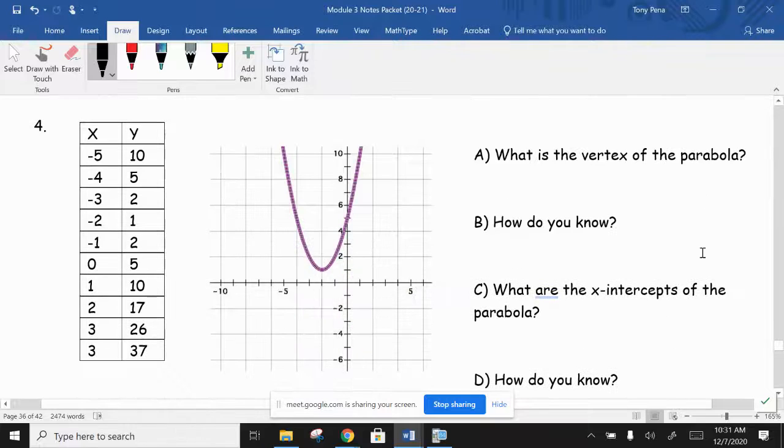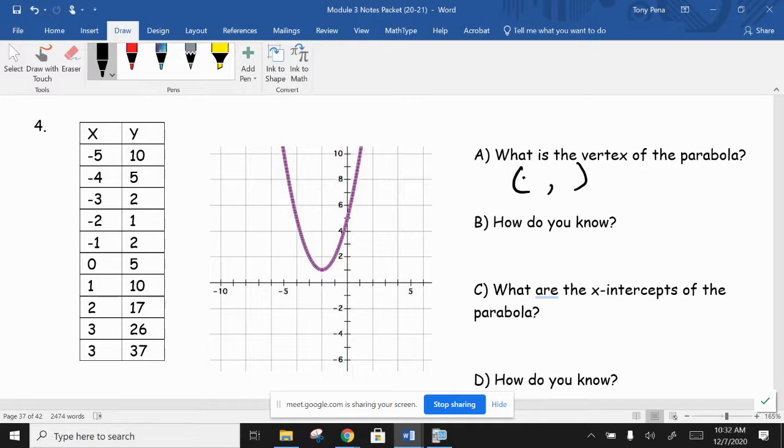So if we now go down to number 4, Letter A. The vertex is not a problem. So write down your vertex. That should not be an issue in number 4. What is that?